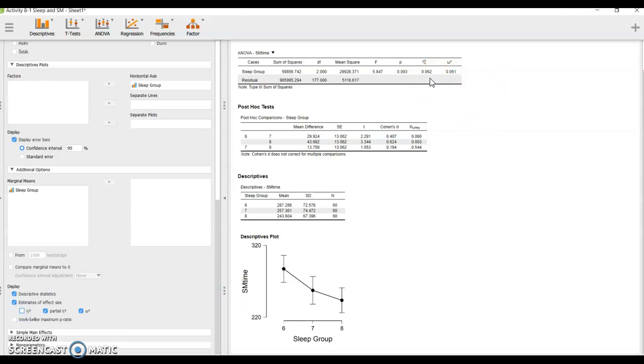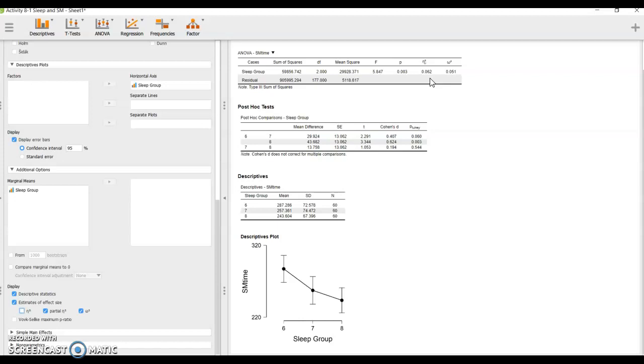Our partial eta squared here is 0.062 and the omega squared is 0.051. These are both just overall estimates of the effect of sleep group on amount of social media. That can be interpreted as a percent of the variability in social media time explained by which sleep group they're in. We're going to be using omega squared.